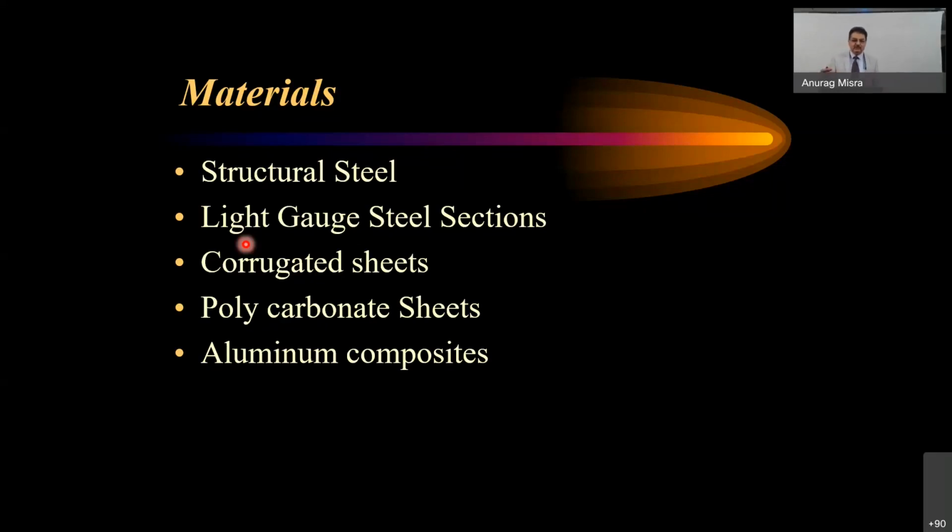So wherever we want to bolt certain kinds of purlins, these days, most of the sites where purlins are being used, they are mostly light gauge steel sections. They are roll formed. So you take a thin sheet and then whatever Z section or C section you want to create, rather than preferring a channel section, these light gauge steel sections are being used, and they are responsible for giving huge economy to such projects.